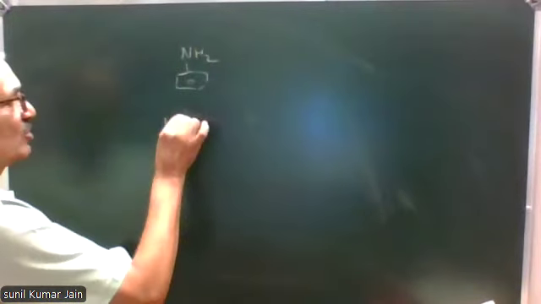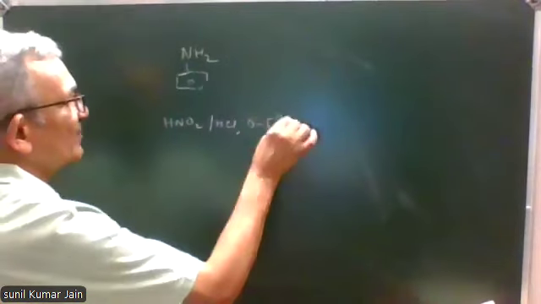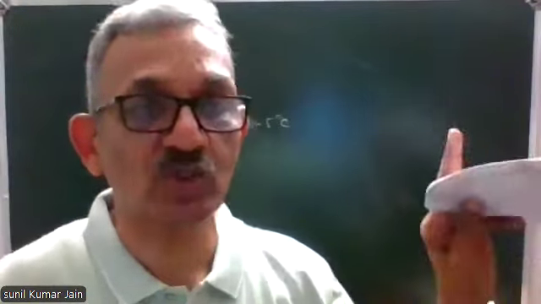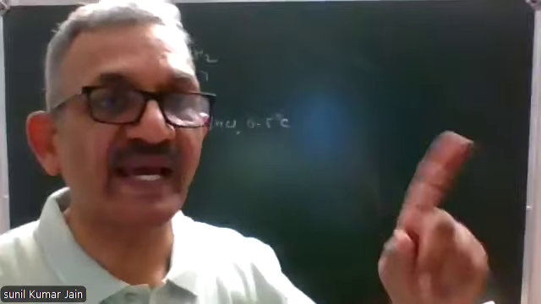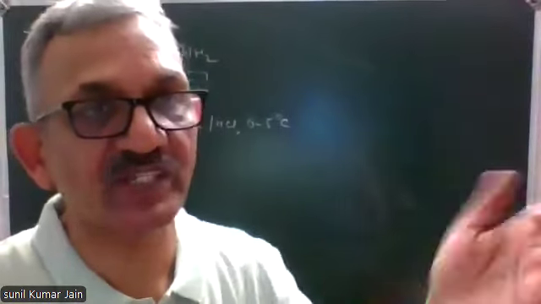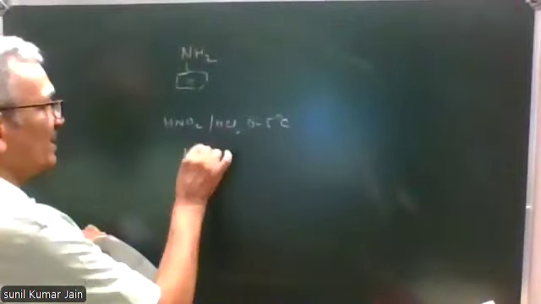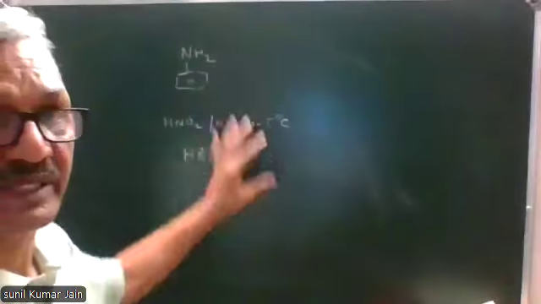B will be HNO2, HCl, 0 to 5 degrees centigrade. Every temperature and pressure has to be specified. In place of HNO2, you can also write NaNO2. That is your choice. In situ preparation of HNO2. And C will be HBF4. These are answers of A, B, and C.